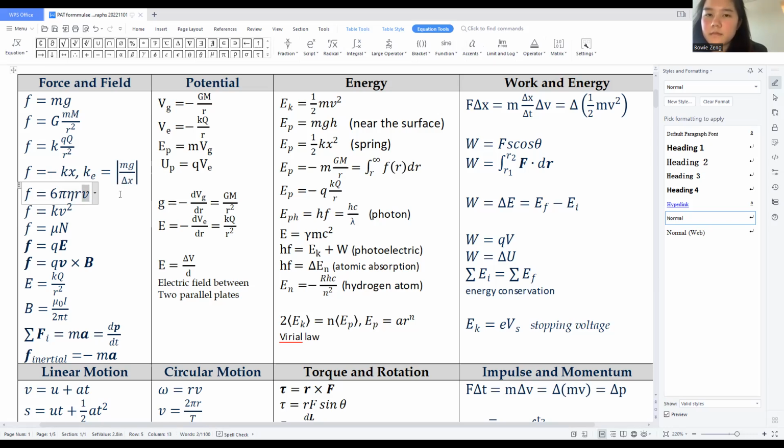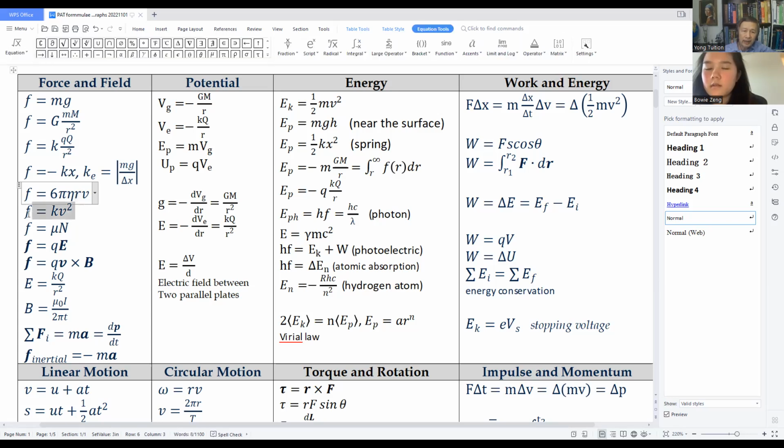If you drop a ball, for example a raindrop falling from the sky, each water drop will experience a drag force, which is also proportional to the size of the drop. R is the radius. Imagine it is a sphere.